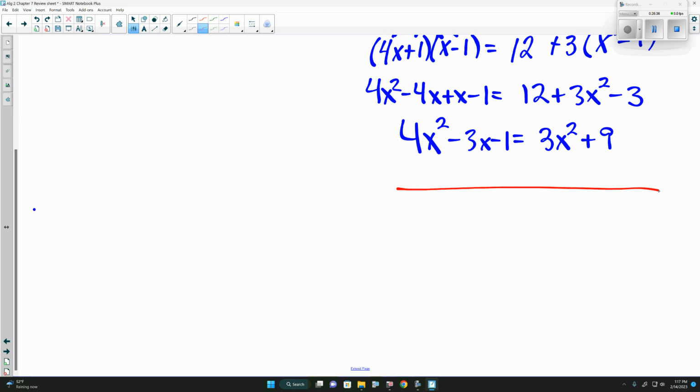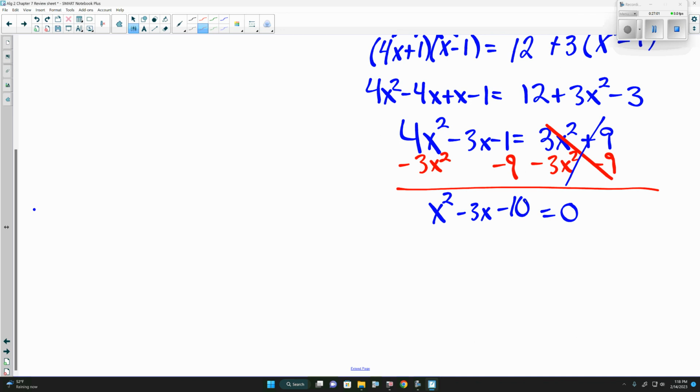I'm going to move everything from the right side to the left, mainly because the x squared on the left is bigger. So we can subtract 3x squared from both sides. We can also subtract 9. All of that becomes 0. 4x squared minus 3x squared is x squared, minus 3x minus 10.